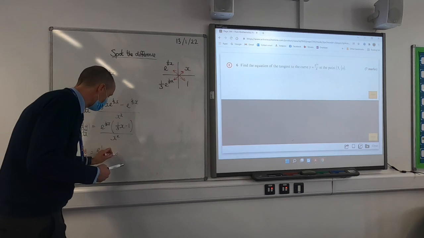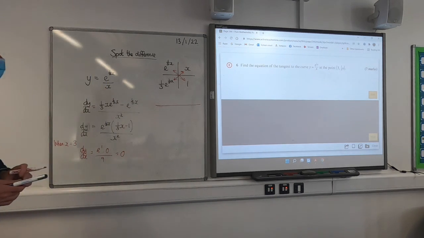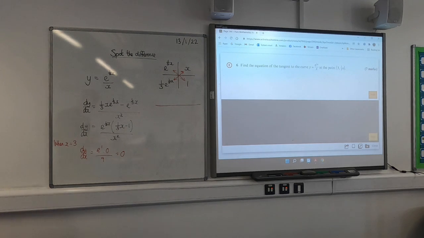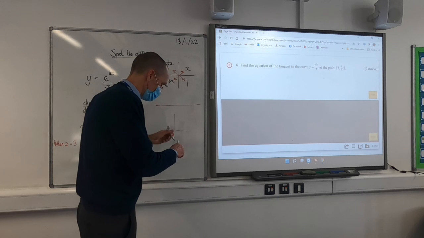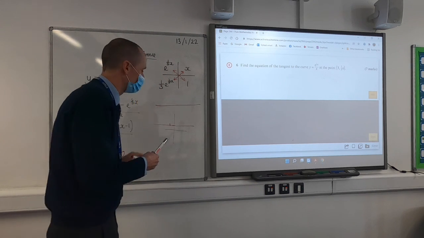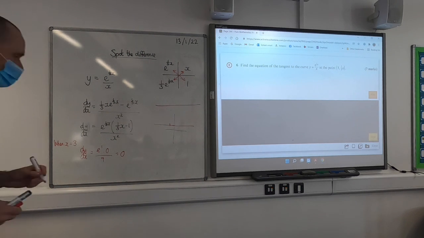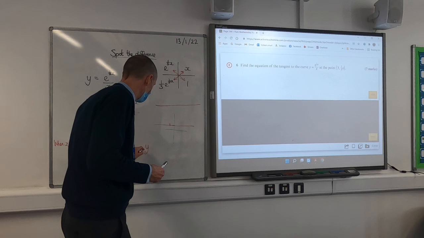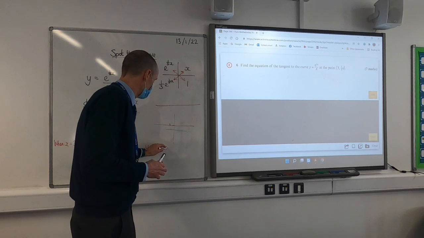So what do lines that have a gradient of 0 look like? Well, they look like this. They're y equals lines. So for example, if it goes through 1, then it's the y equals 1 line. So we know this line is going to be y equals no x's plus something.